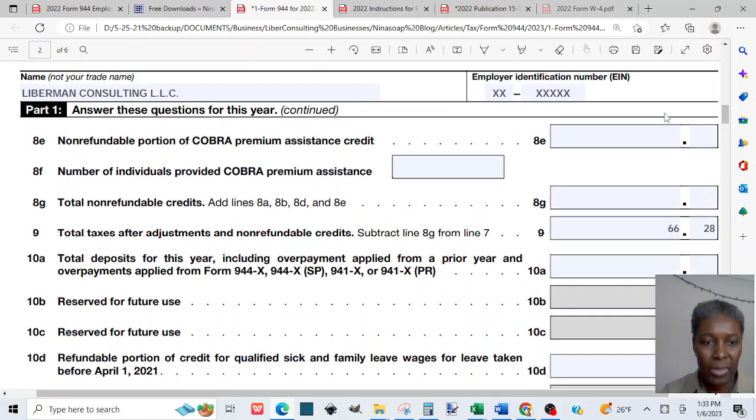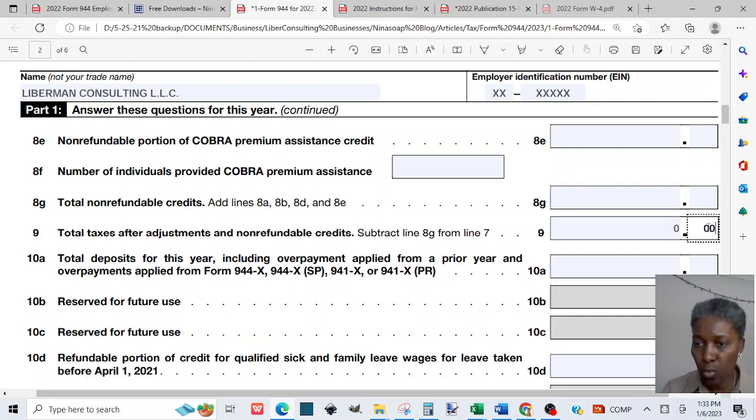Your total tax after adjustment and non-refundable credit for line 9 will be 0. So in that case, you'll put 0. But I plan on having a video on how to complete Form 944 if you have 0 wages.